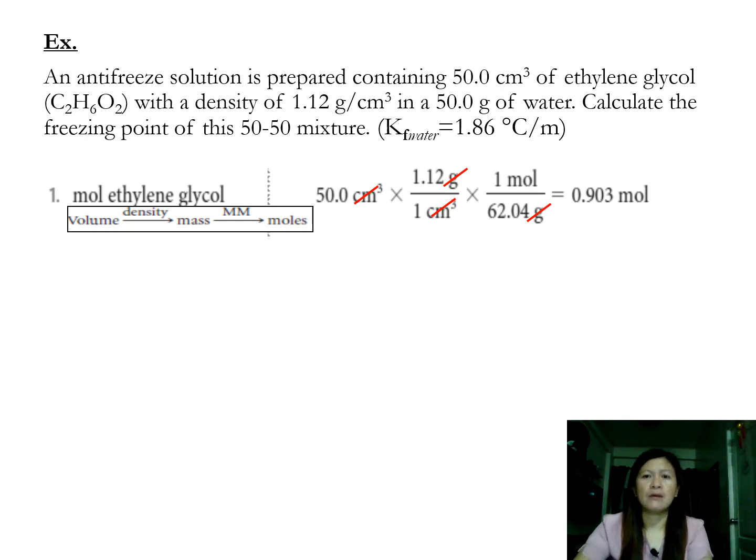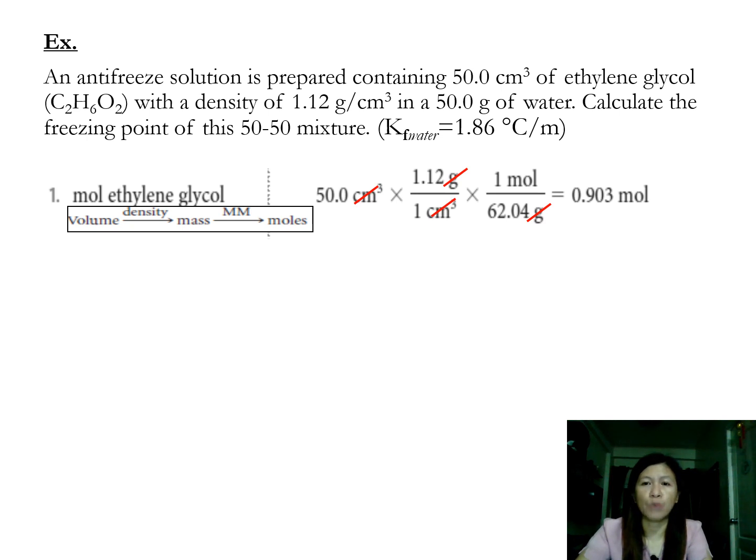So that will be volume 50 times the density 1.12 gram per cubic centimeter. Cancel cubic centimeter, we will get gram. And then to convert gram to mole, we use the molar mass of ethylene glycol, which is 62.04, with 1 mole in the numerator in order to cancel the unit of the molar mass of our solute.